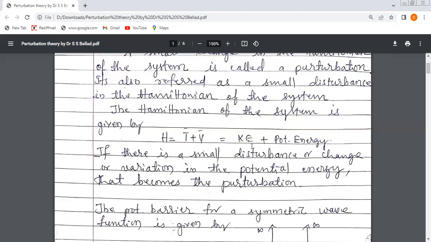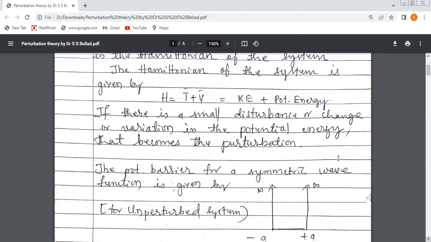Most of the time we are concentrating on the variations in the potential energy of the system. So this is the meaning of perturbation. One of the parameters will be slightly changing from its average value or the constant value. Then generally we say that there is a perturbation.